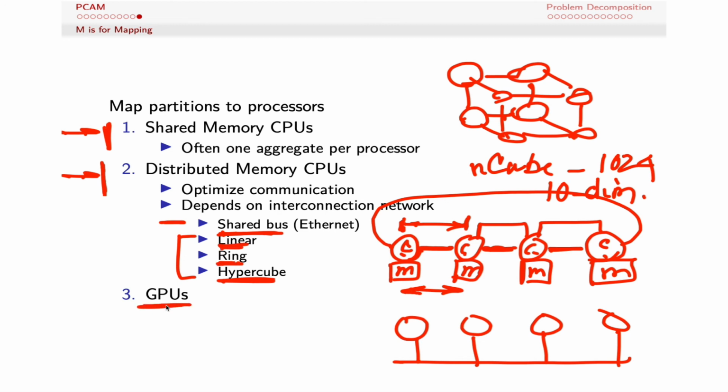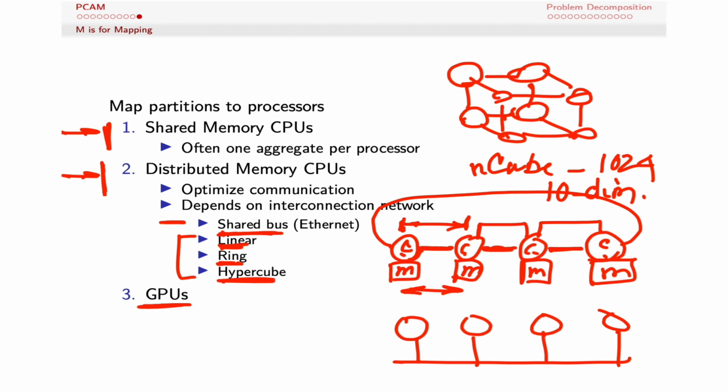And then finally, there's the GPU partitioning. We're going to see that GPU operation is quite a lot more complex than just thinking about individual processors or individual cores accessing data for the problem in the ways that we've been describing. There's quite a lot more to it in terms of how the GPU organizes memory, how it accesses memory, how it can stream data onto different processors and so forth.